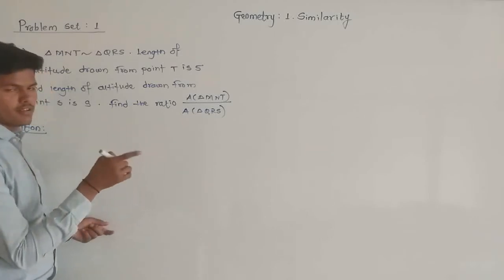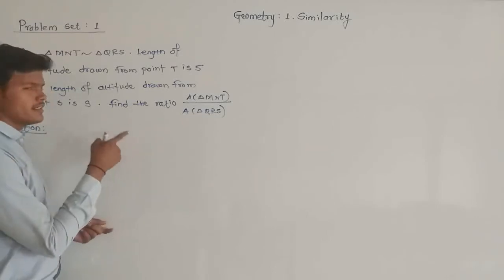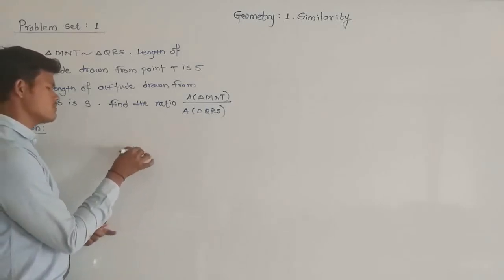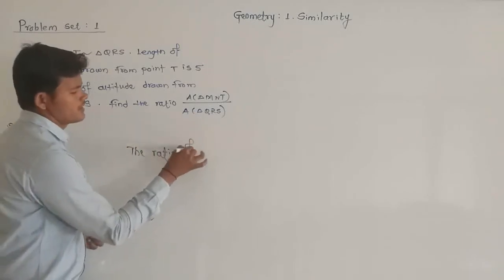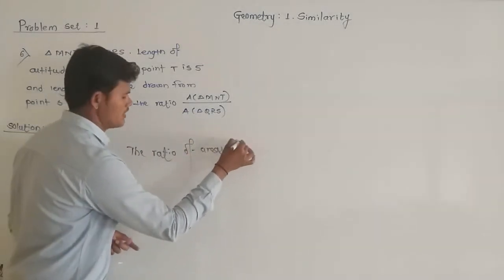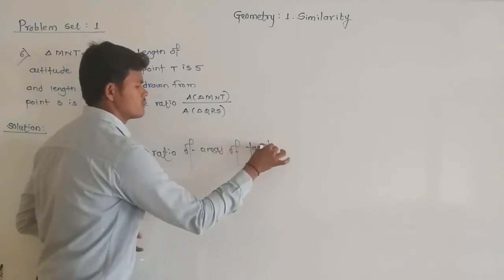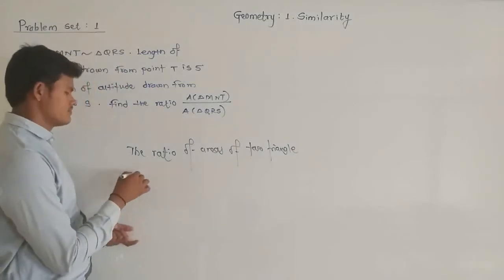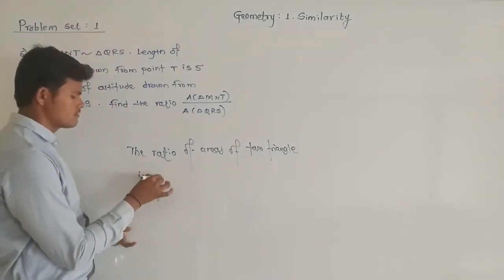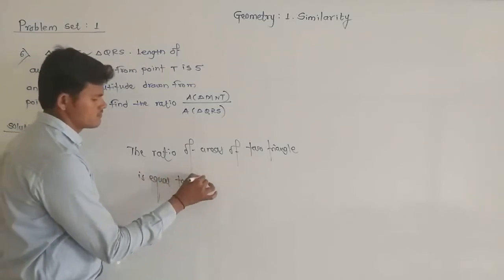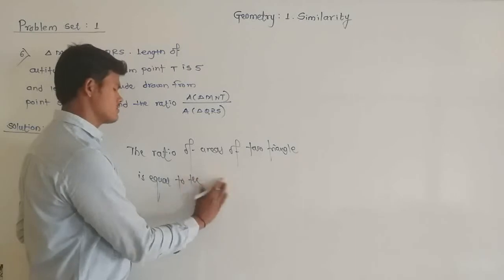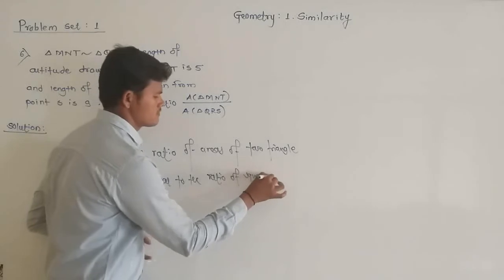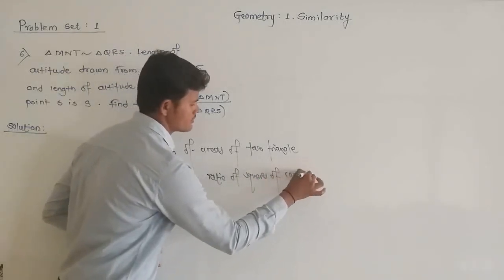If the lengths of corresponding sides are not given and the lengths of altitudes are given, then remember this property: the ratio of areas of two triangles is equal to the ratio of the squares of corresponding altitudes.